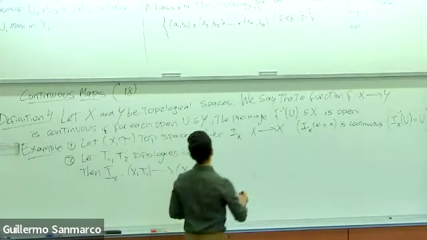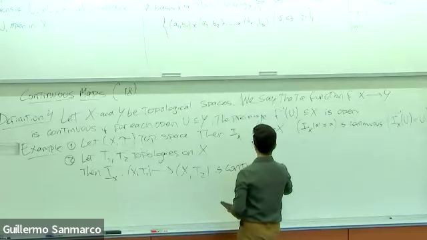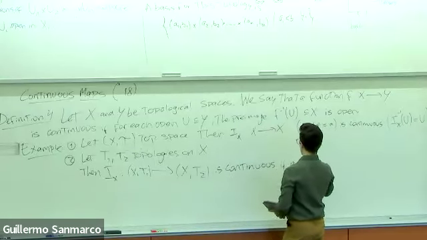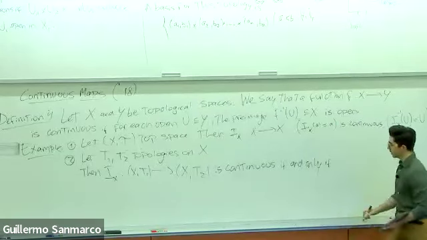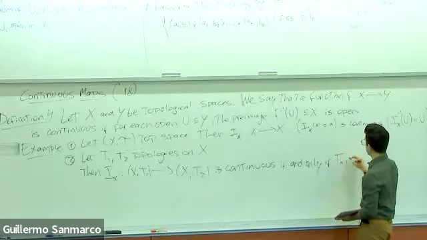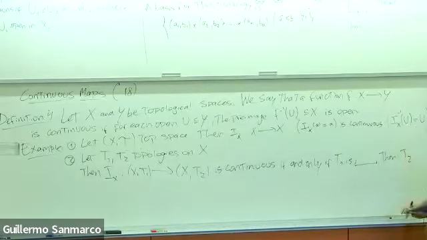This map is continuous if and only if T1 is blah than T2. And blah should be finer or coarser.